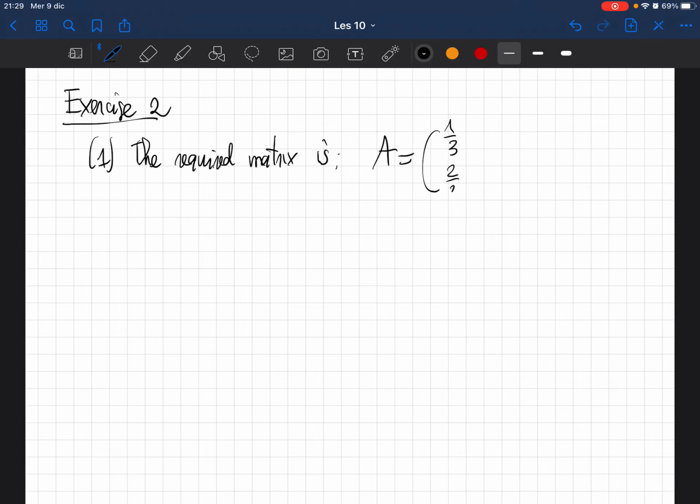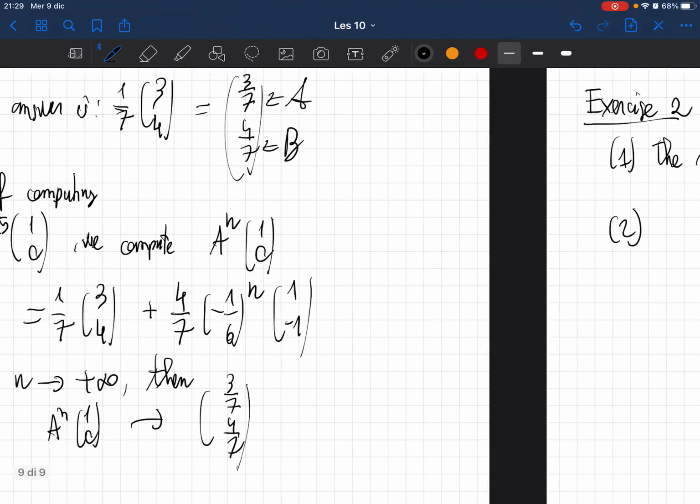Okay, 1/3, 2/3. And to be clear, here put the input A here and B here and A here and B here so that it's clear. With this notation, it's clear that the first column refers to A and the second column refers to B and the first row to A and the second row to B. So it's clear. Okay. It's synthetic and it's clear. So true. Okay.